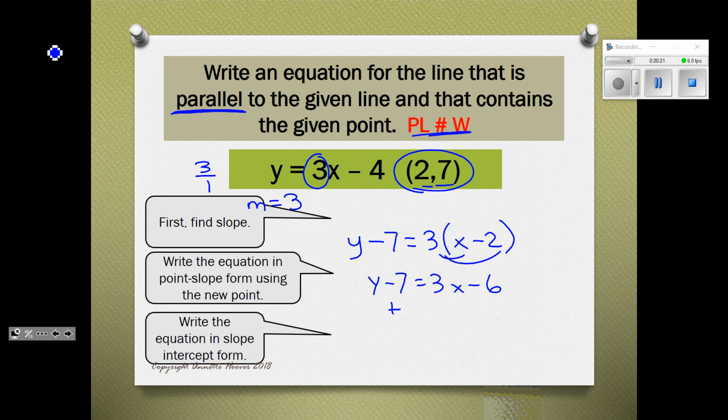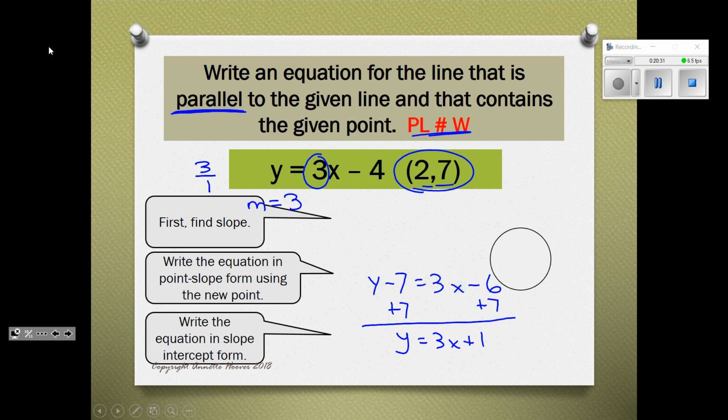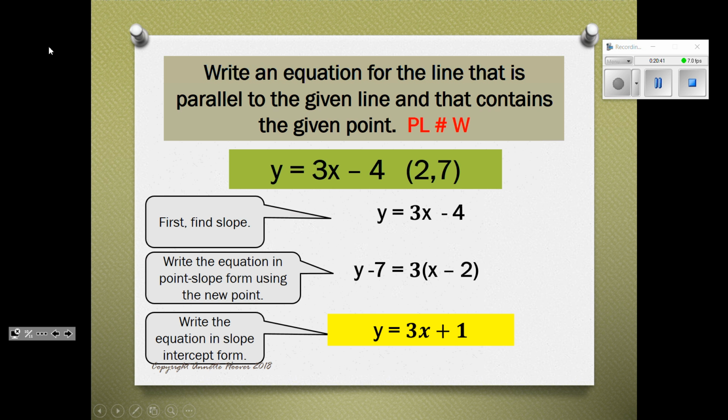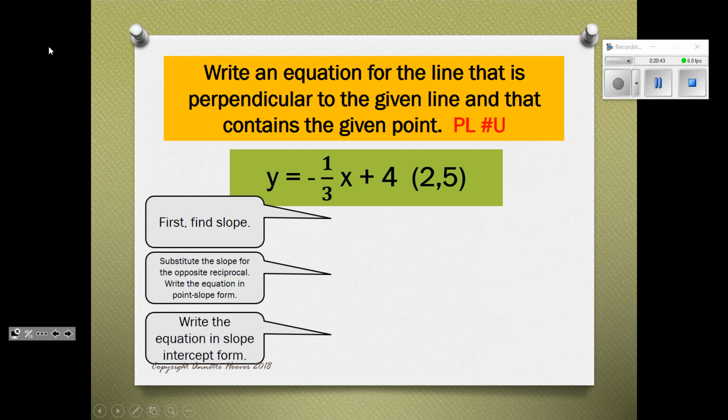We're going to move the 7 to the other side by adding 7 to both sides. So y equals 3x plus 1. Using all the things that we've been talking about with point slope form, slope intercept form, distributive property, all of those things together. Okay, let's try one more.